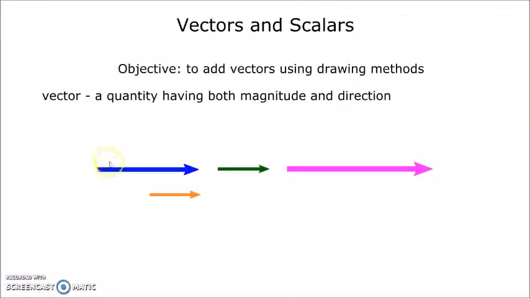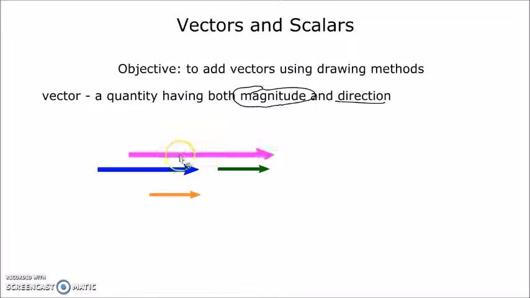So here we are, we're back. One thing I hope you can see from this is that even though they're all pointing in the same direction, these are in fact not the same vector, because the magnitude is what's different here. This one has a larger magnitude. By magnitude here we're talking about size.